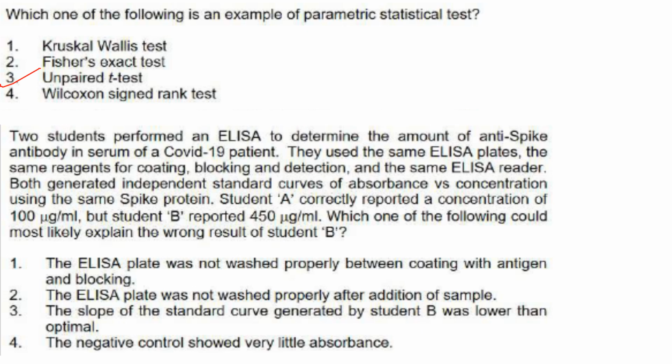The slope of the standard curve generated by student B was lower than the optimal. Okay. Now this is the normal standard curve. Now if it was lower than this one, then the concentration would have been high. Here you will have the absorbance marked on the y-axis, and concentration on the x-axis.